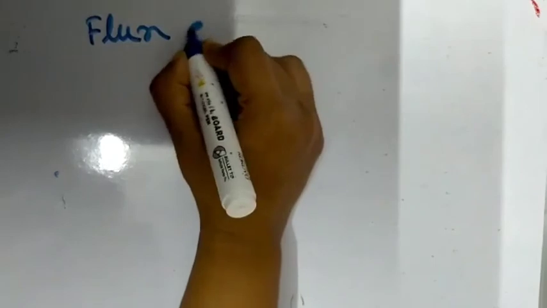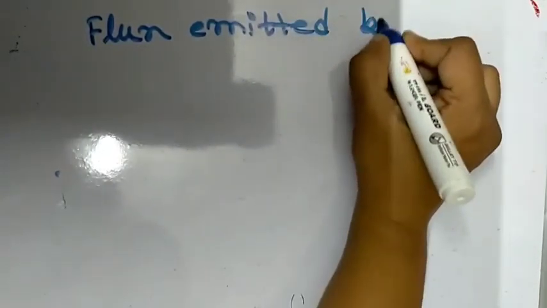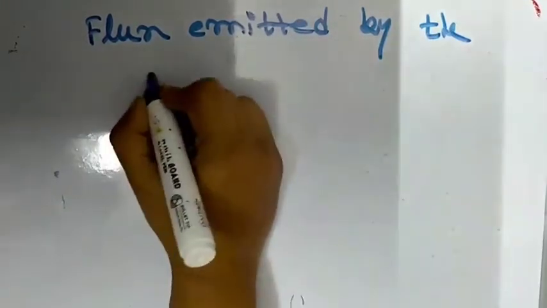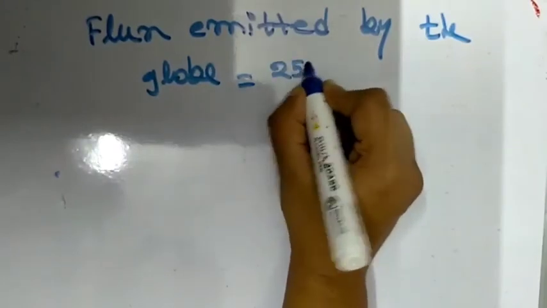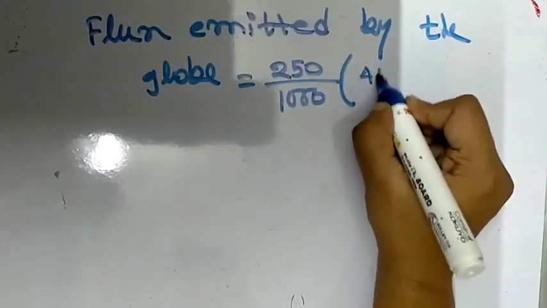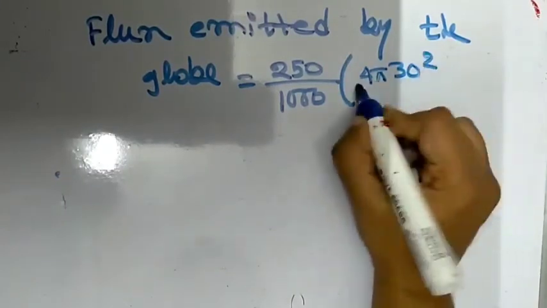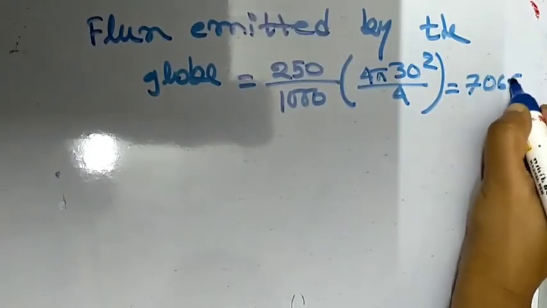So the solution is: flux emitted by the globe is equal to 250 by 1000 into 4 pi into 30 square by 4, that is 706.5 lumen.